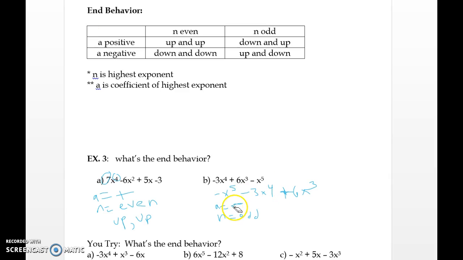So what does that mean? That means odd means it's going to end opposite ways. I know my a is negative, so I know it has to end on the right side going down. Because my n is odd, that means I'm going to have opposites, so I've got to be up, down. So the end behavior here would be up, down.